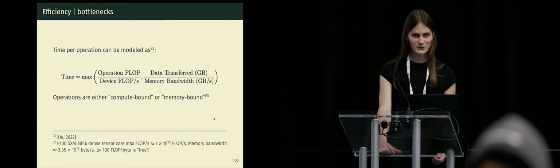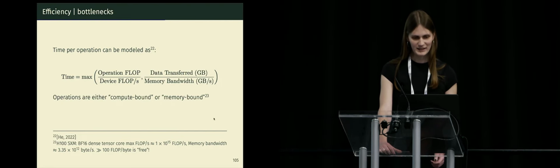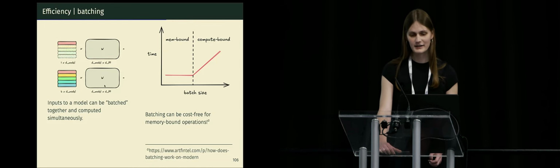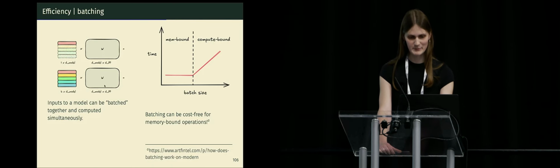And depending on which one of these is the maximum, if the FLOPs factor is larger, then the operation will be called compute bound, meaning that if we had a higher compute capability, we could perform the operation faster, or memory bound, in that if we could transfer data around the chip faster, the operation would become speedier.